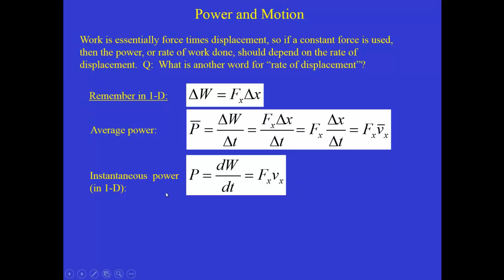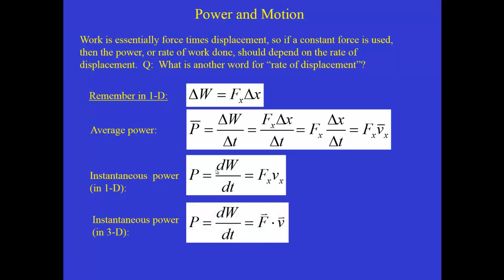And you can see pretty easily how you would generalize this if you had a three-dimensional case where there was a force acting perhaps over not just the x direction but the x, y, and z direction, and then the velocity itself could have components along x, y, and z. So what you would have then for a three-dimensional case is just the sum of those three terms.